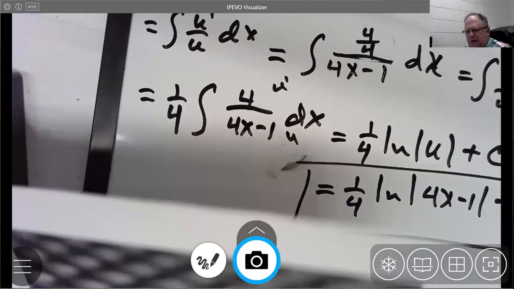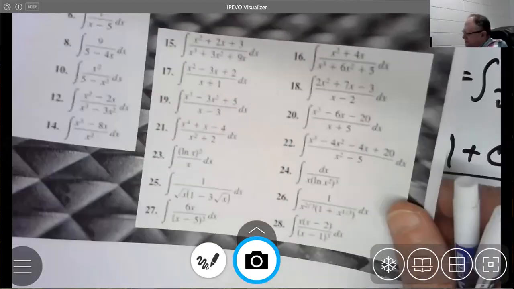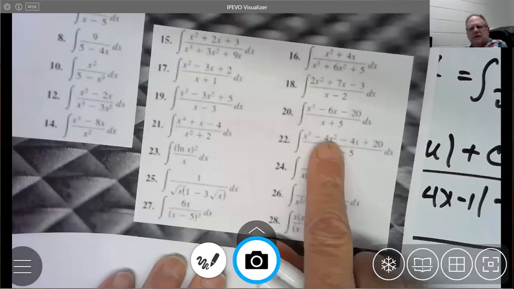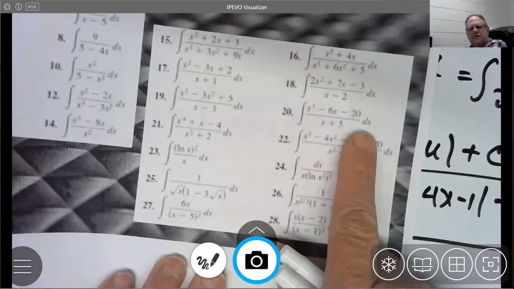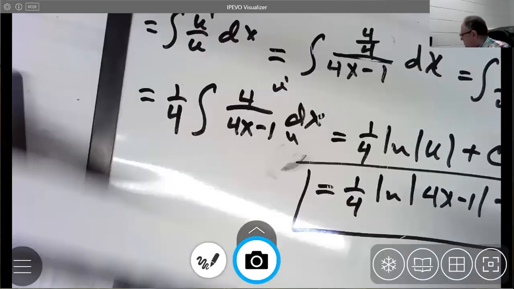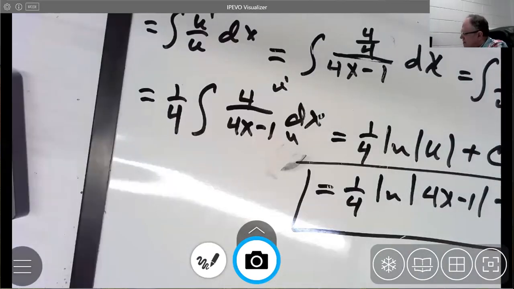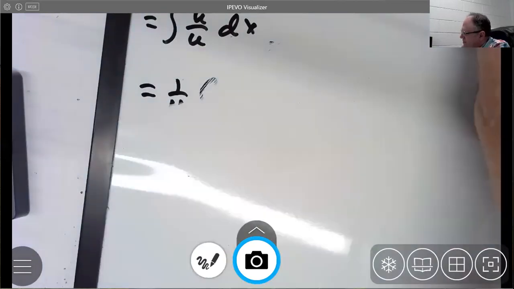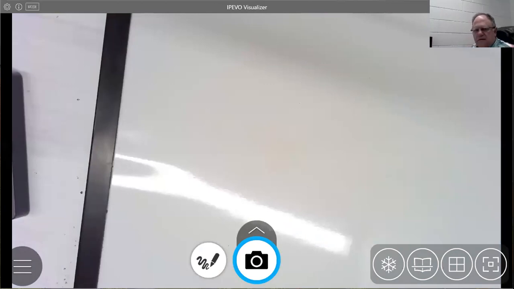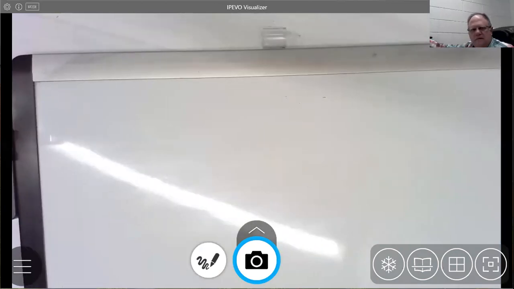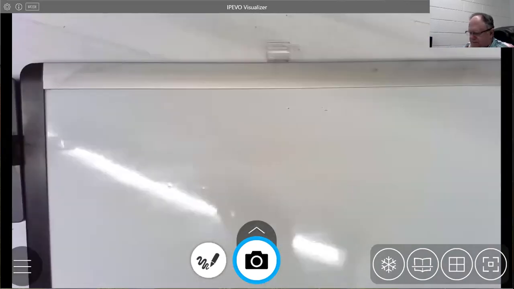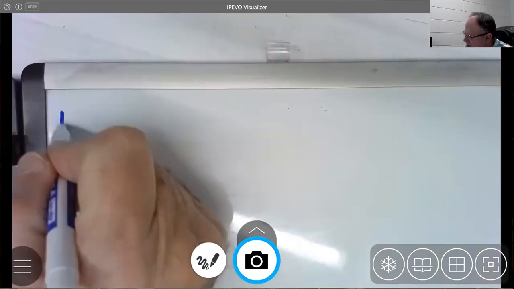And problem 20, it's this one here. x cubed minus 6x minus 20 over x minus 5 dx. Makes sense. All right, so problem 20.